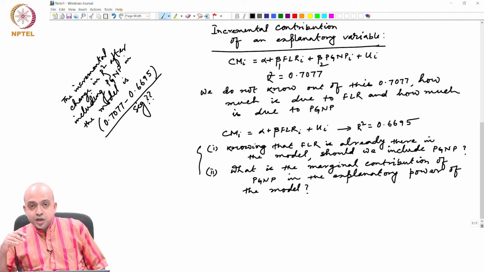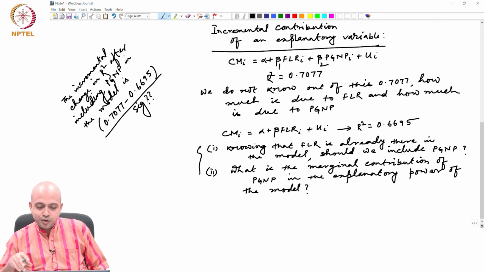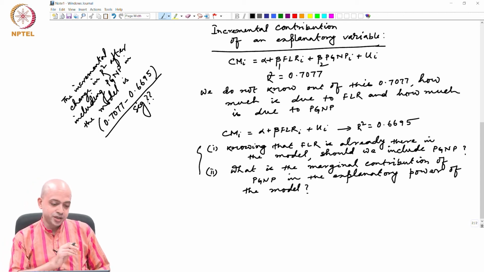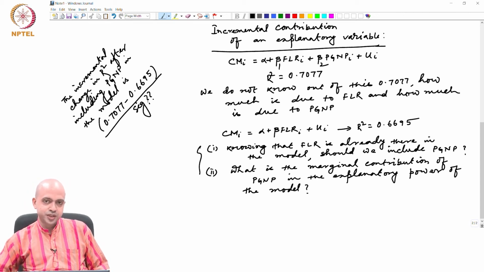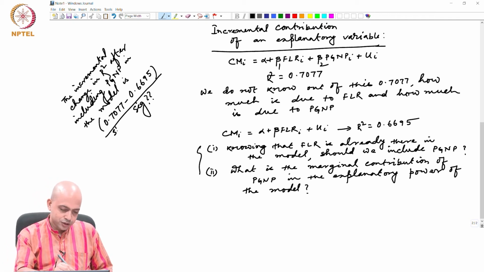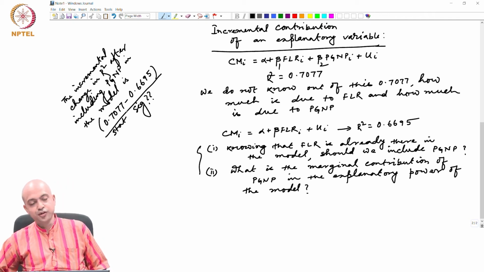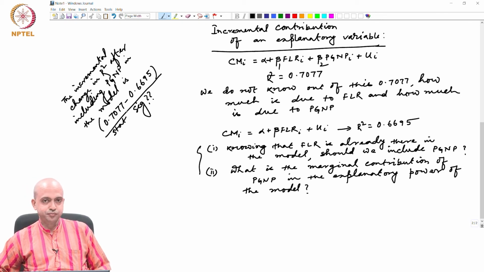So the marginal contribution of PGNP to the explanatory power of the model is 0.7077 minus 0.6695. The question is whether the difference between these two is statistically significant or not. How will you do that?